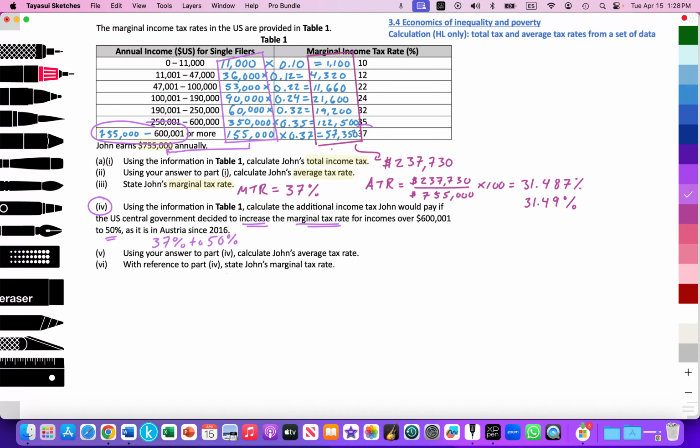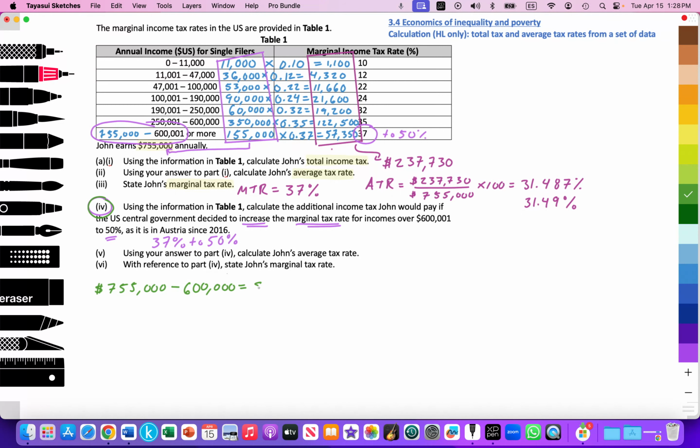That amount is changing. The tax bracket is changing from 37% to 50%. Let's use a different color for this question. So for question 4, what I would do is first take the amount that we're focusing on: 755,000, John's total income, minus the 600,000.